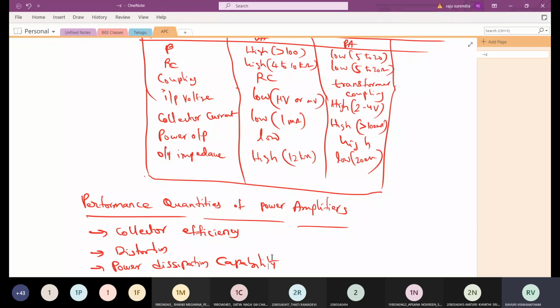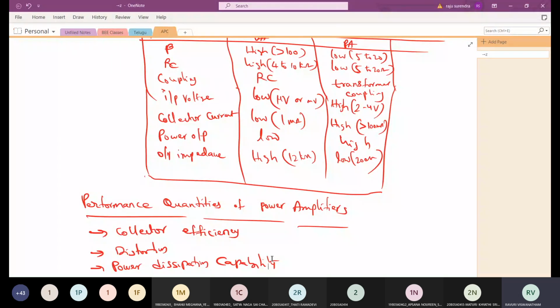And here, whenever we are talking about amplifiers, they convert AC power to DC power, whether you observed or not. We give the input signal with an amplitude as an AC, but we obtain the output as a DC. So obviously the power is also converted from AC to DC.